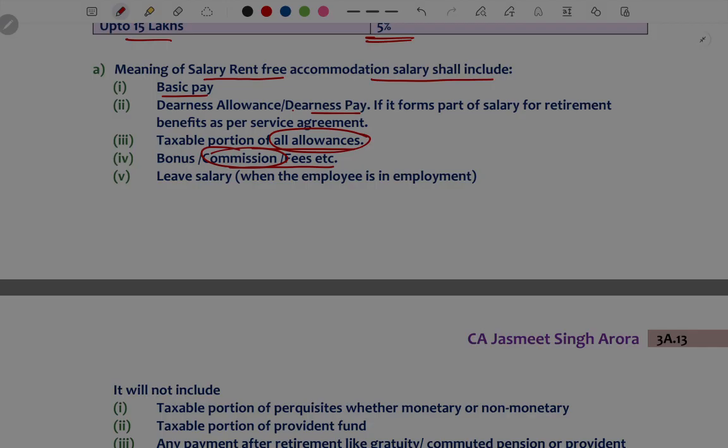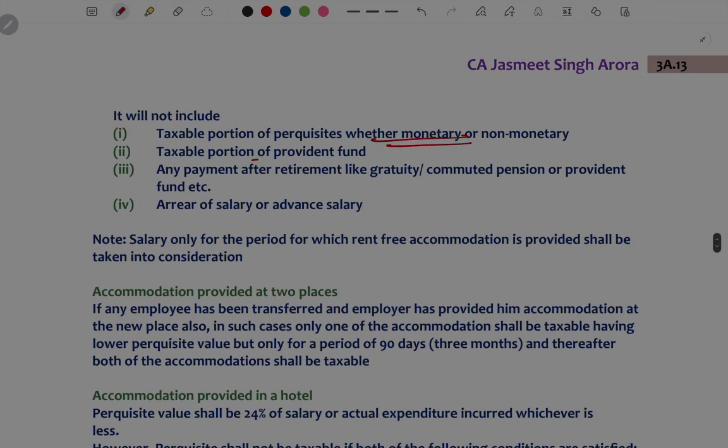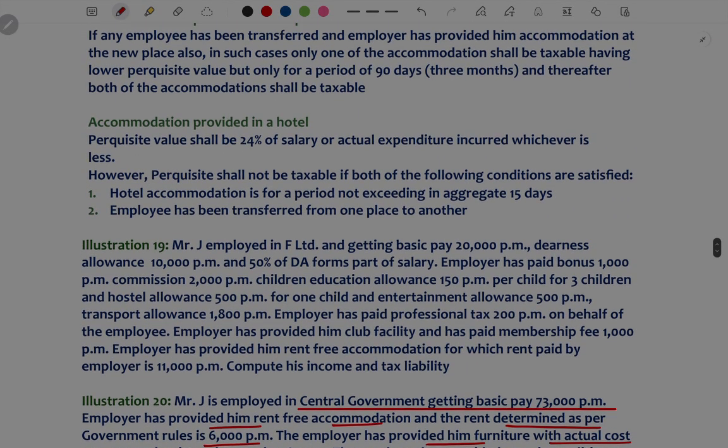And DA which forms part of retirement benefits, means salary plus DA, plus commission, which is full, then taxable allowances, then bonus, leave salary, everything. It does not include taxable perquisites, provident fund, retirement, gratuity, pension. You should not include that, right?